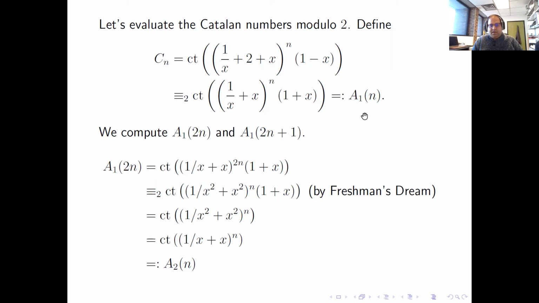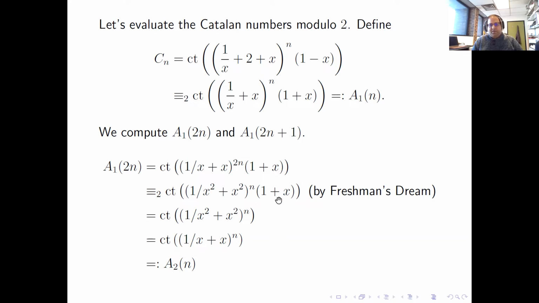Now I'm going to take the sequence A1 of n, and I'm going to evaluate it at the evens and the odds. So if I start evaluating at the evens, I again reduce modulo 2. Here I apply the freshman's dream.